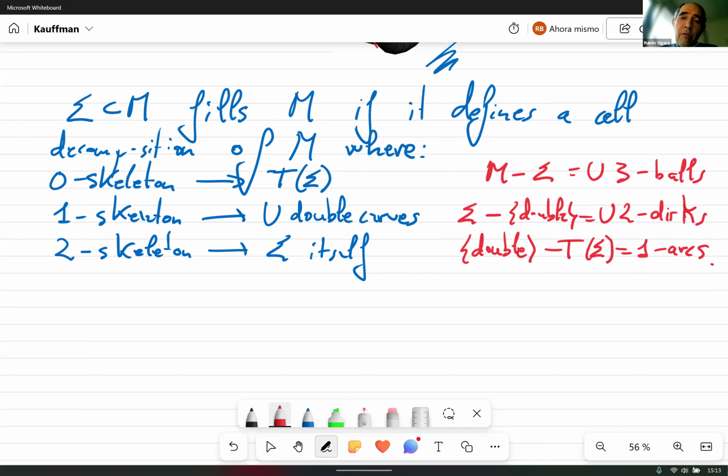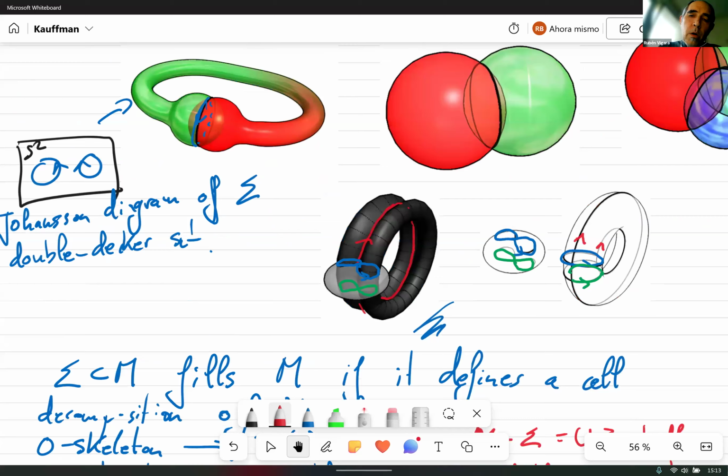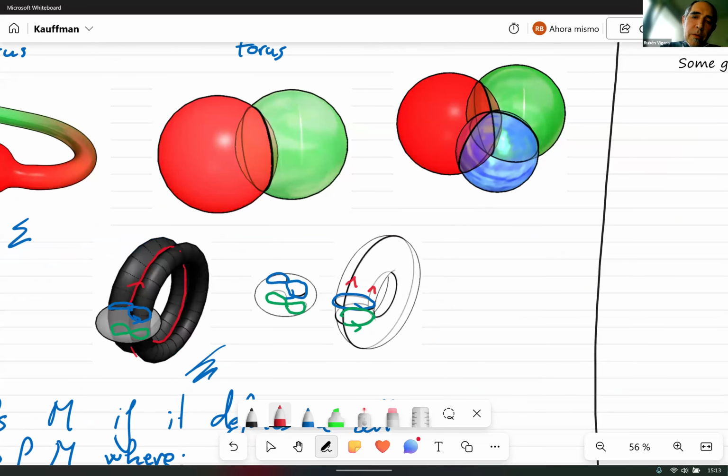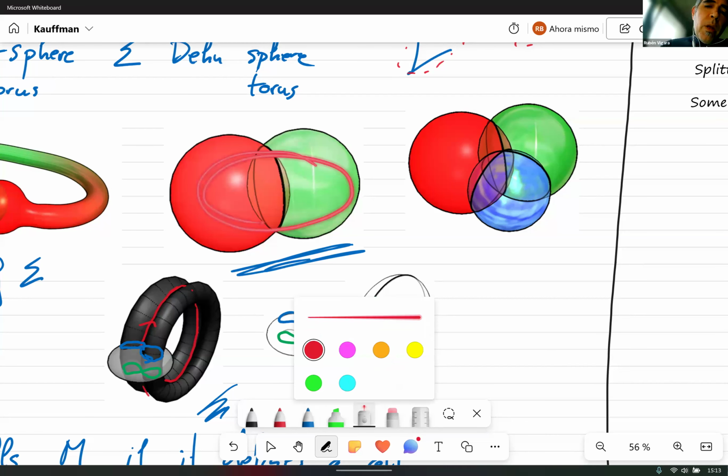Well, for example, in the examples above, we see that this pair of spheres verifies the first condition. The complement of the surface is a union of three balls, and the second one also.